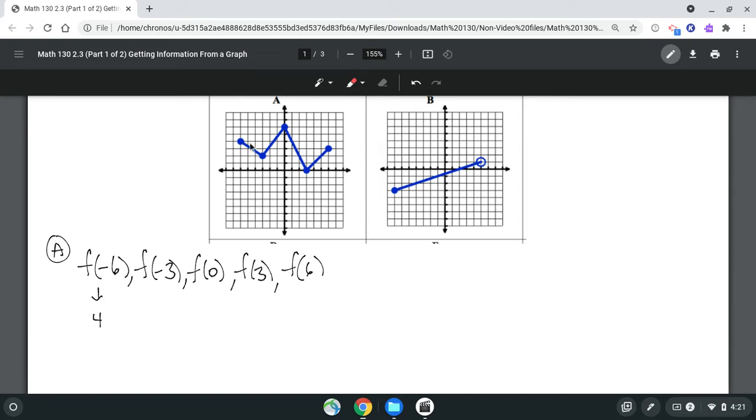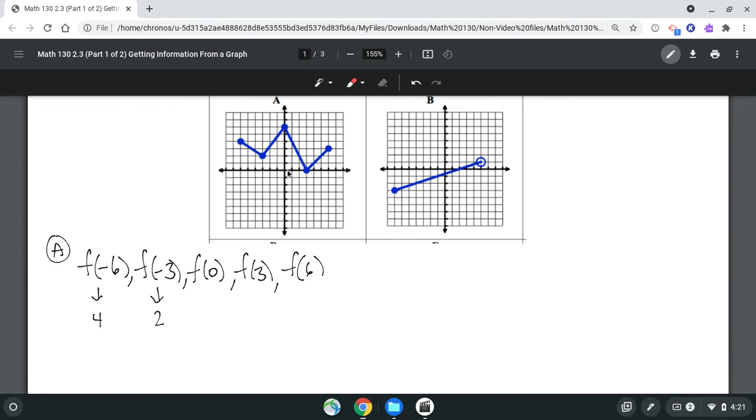Okay, f of -3, so then we would go to -3, 1, 2, 3, and it lands right over here on the graph. So f of -3 is 2.